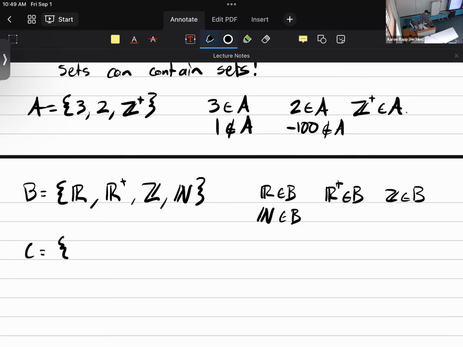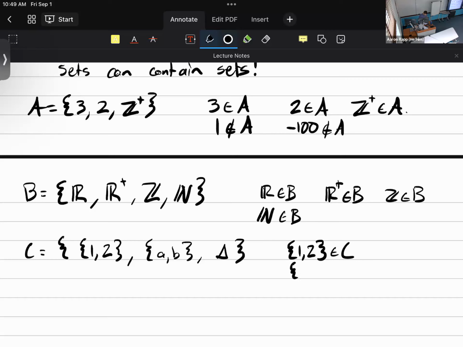This is what we'll end with. I have this set C. How many elements are in this set C? Only 3. What are the 3 elements in this set? The set containing 1 and 2 is one of the objects in the set, one of the elements of the set.